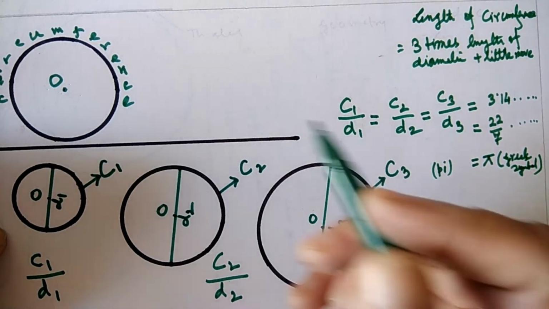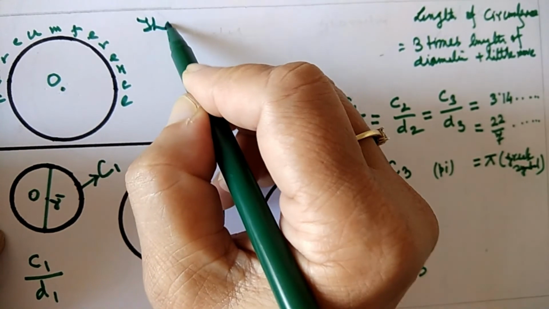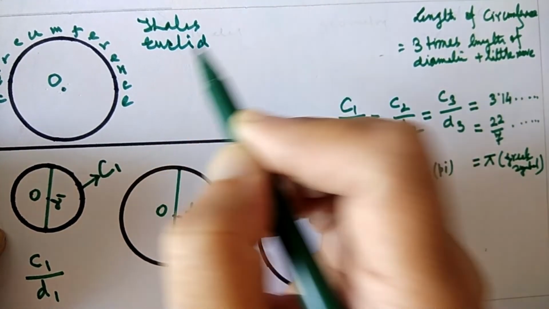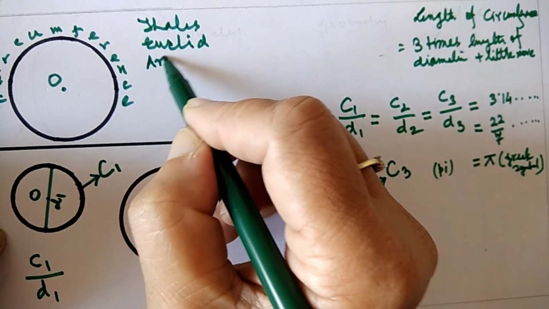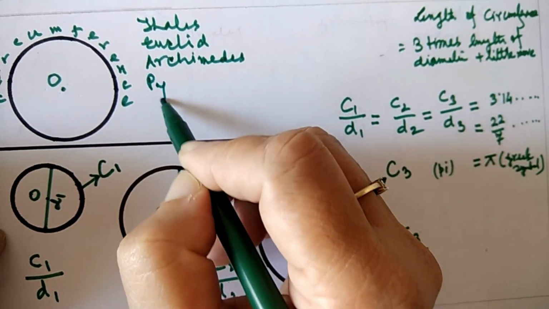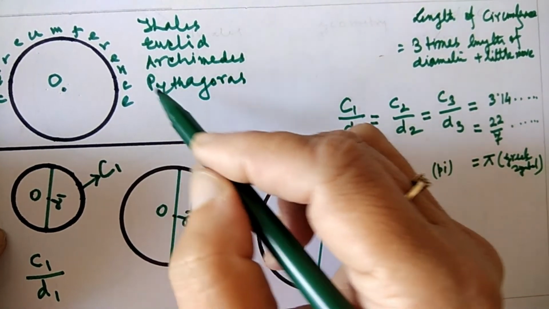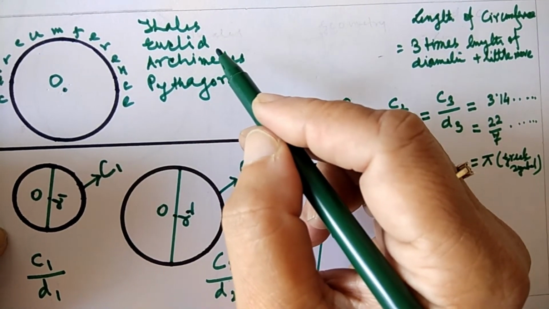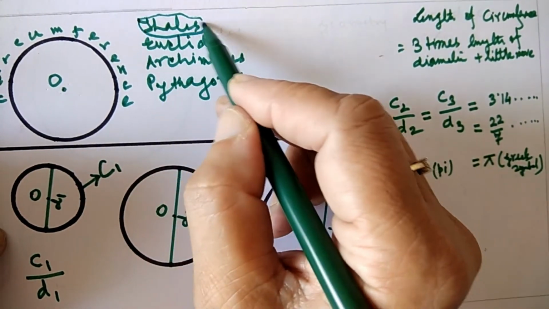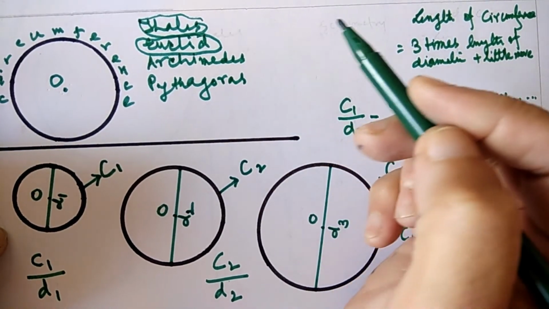There were great mathematicians: Thales, then Euclid, then Archimedes, Pythagoras also. These great mathematicians were from Greece and they were the pioneers of geometry. And friends, Thales and Euclid are called the fathers of geometry.